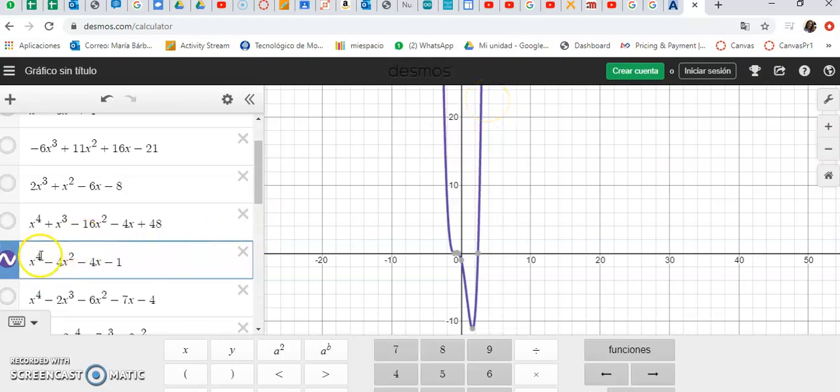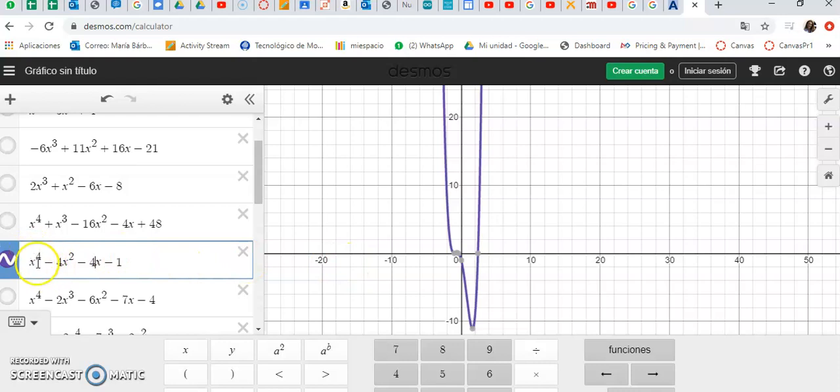When we have a positive leading coefficient in a quadratic function, the parabola opens upwards, okay? This is not a parabola. This is a 4th degree polynomial, but we can compare both of them so you can remember about the behavior, okay?